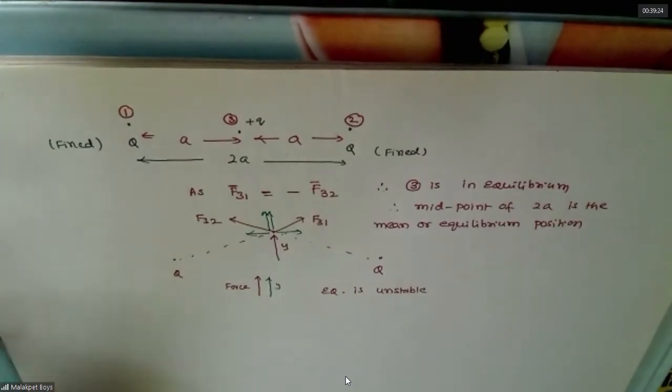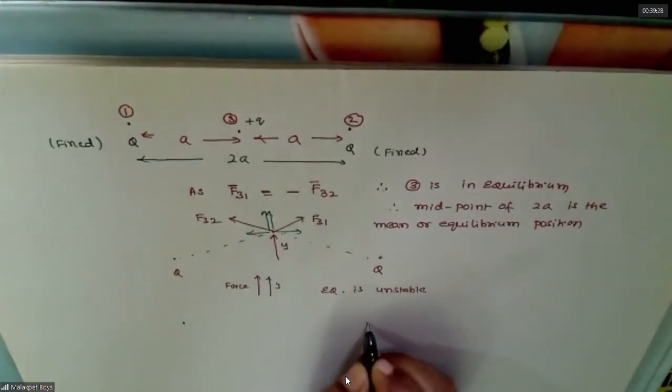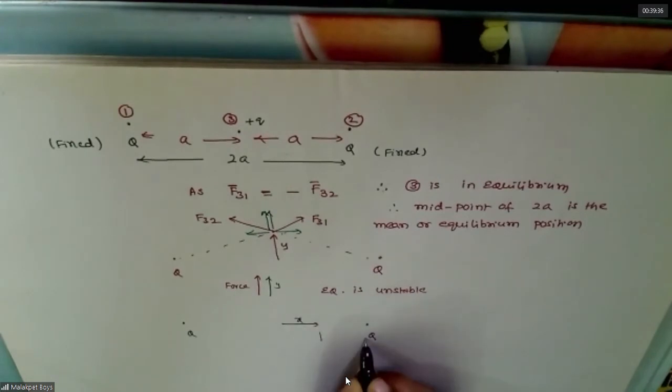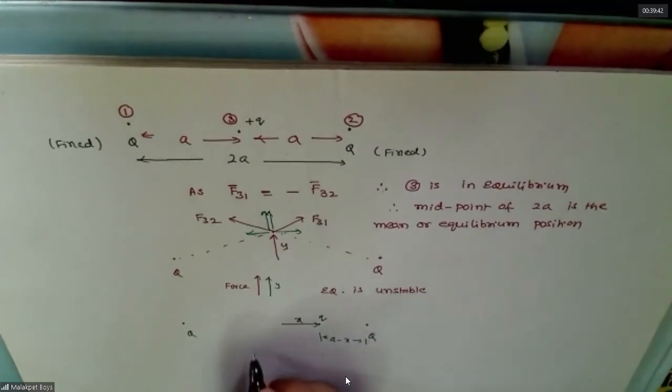Now let us check what will happen for lateral displacements. Suppose I push it by this x. So this distance will become a minus x and this will be a plus x.